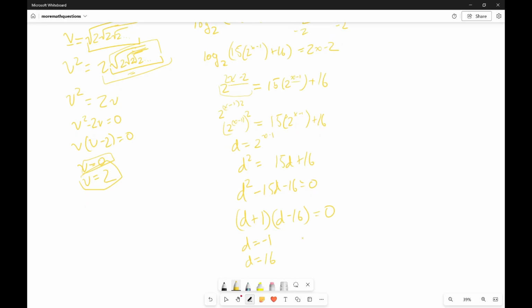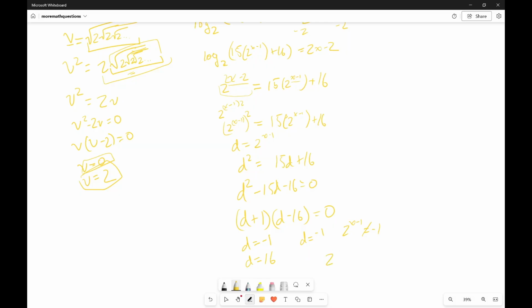One thing that we will know is that when d equals -1, and hence 2 to the power of x minus 1 is equal to -1, this is actually an extraneous solution which will not work, because no exponent will give you a negative number when the base is positive. So this is automatically an extraneous solution.